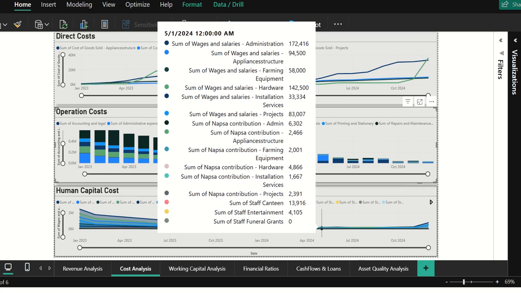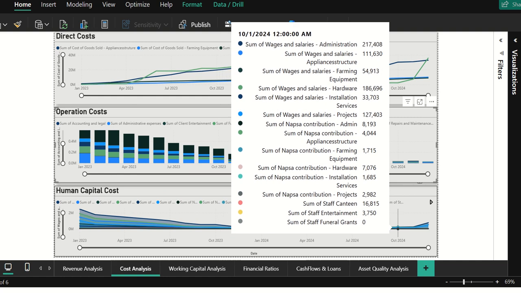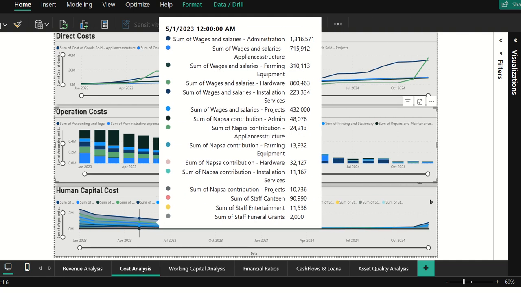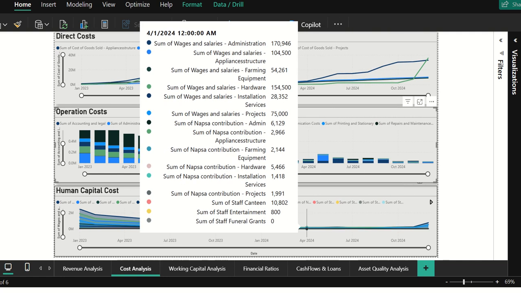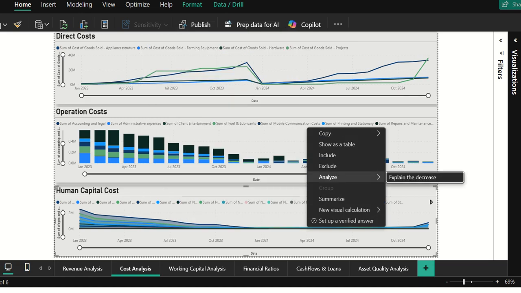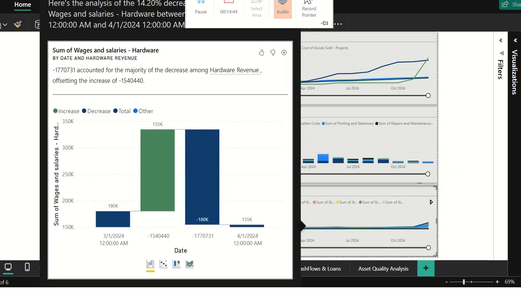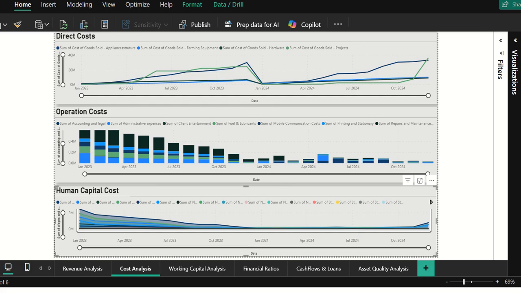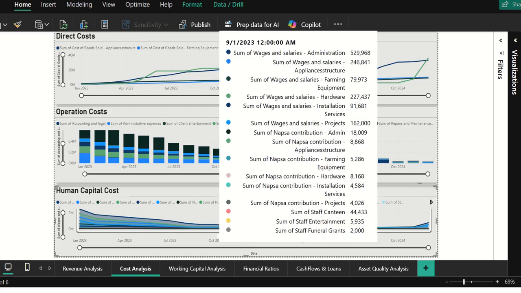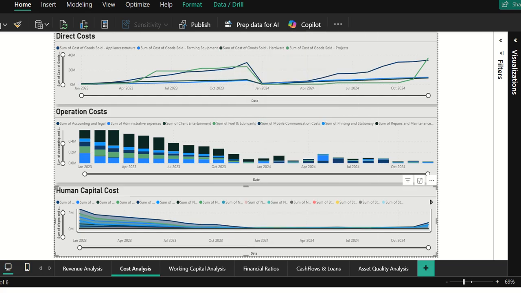There are some ways in which this has been happening, but you can see that it has been effectively decreasing. If you want to analyze this, there's another report that comes up there. So you have an understanding of what the business direct costs are, what the operational costs are, and what the human capital costs are, and how this happens.